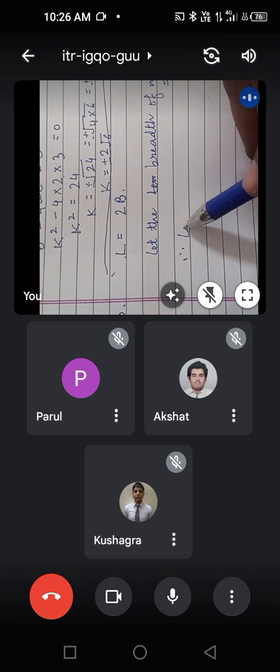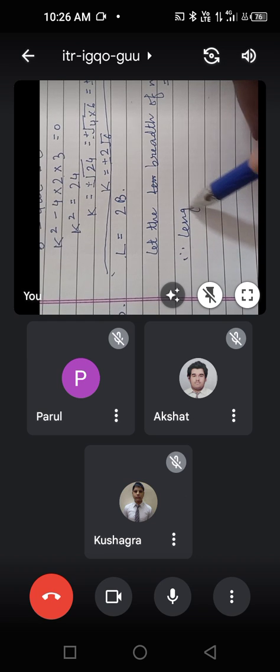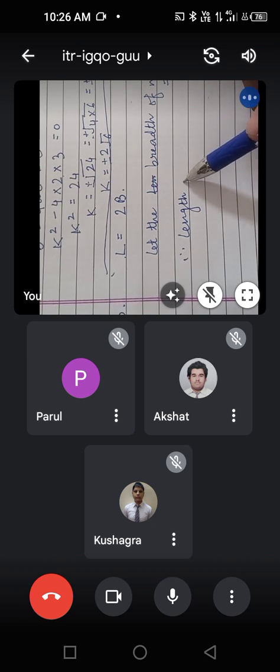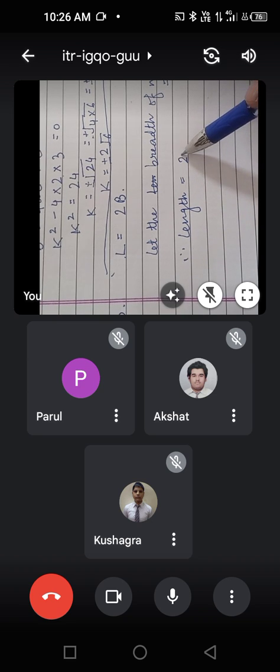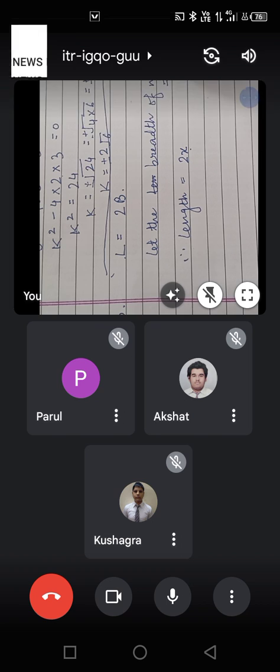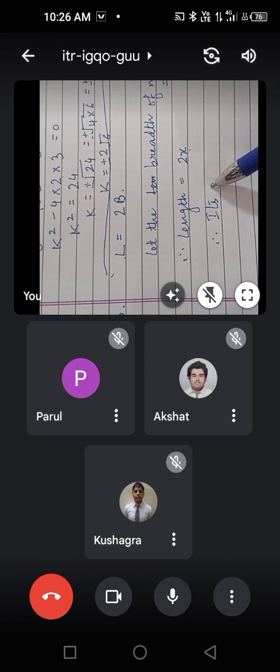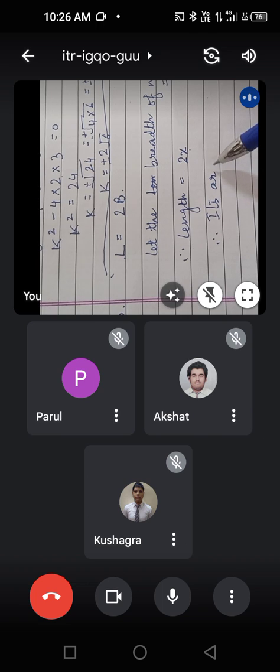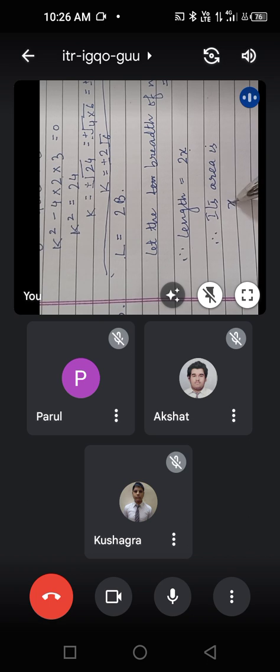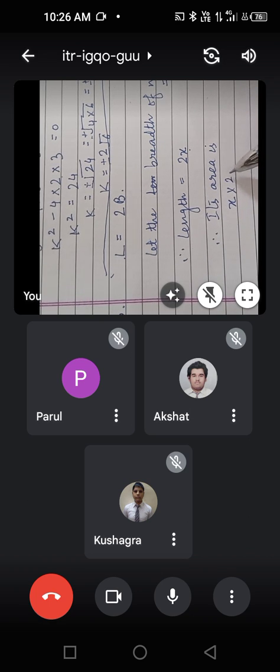Therefore its length is 2x. So length is 2x, breadth is x. Therefore its area is, because the question talks about area, so you have to calculate area. Length into breadth, that is x into 2x. And that equals how much? 800 meters square.